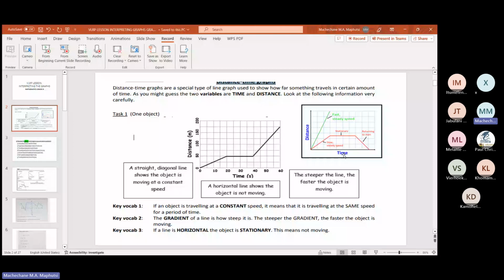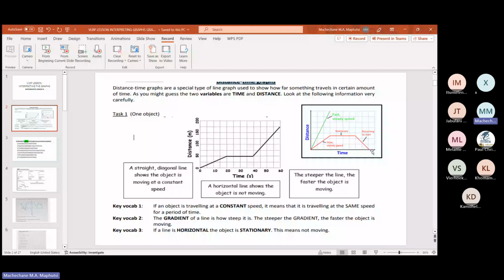Let's suppose someone was driving a car. If you look at the red one, from 0 there, you can see the steepness. Then from there, you can see the horizontal line. Then down there, you can see another steepness.